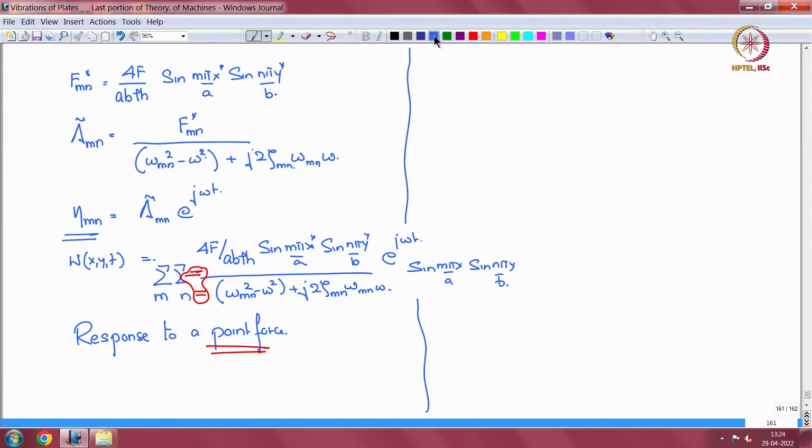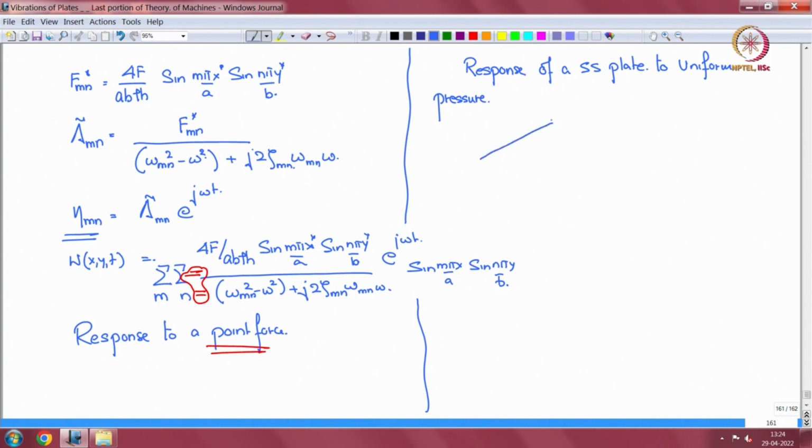So the next case we will see is the response of a simply supported plate to a uniform pressure. Okay, so what do I mean?